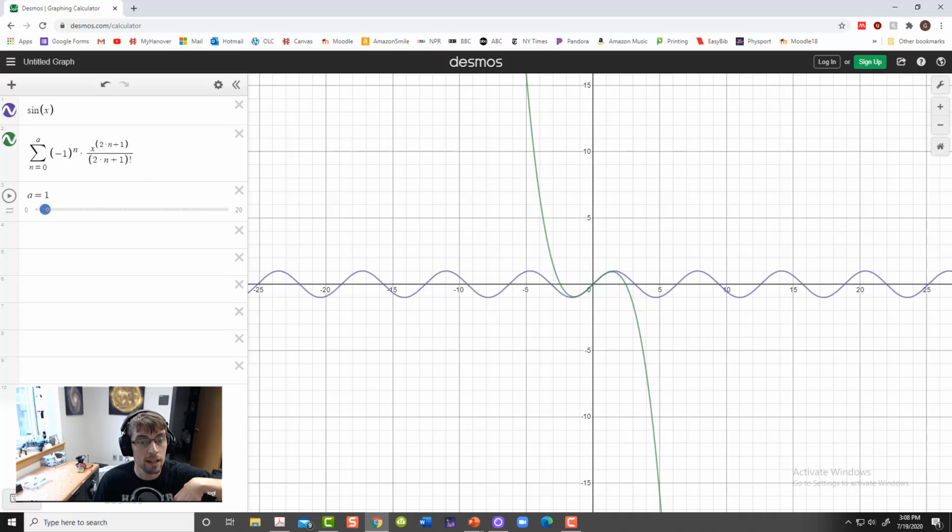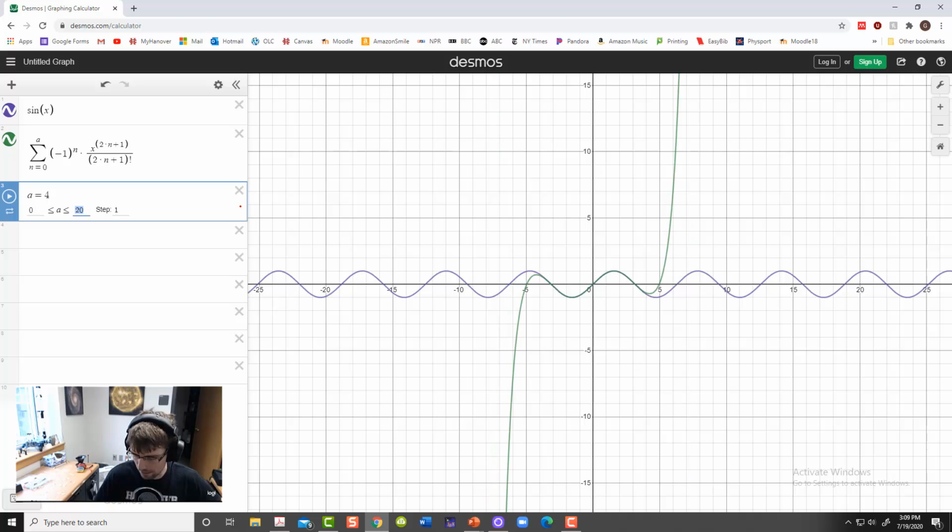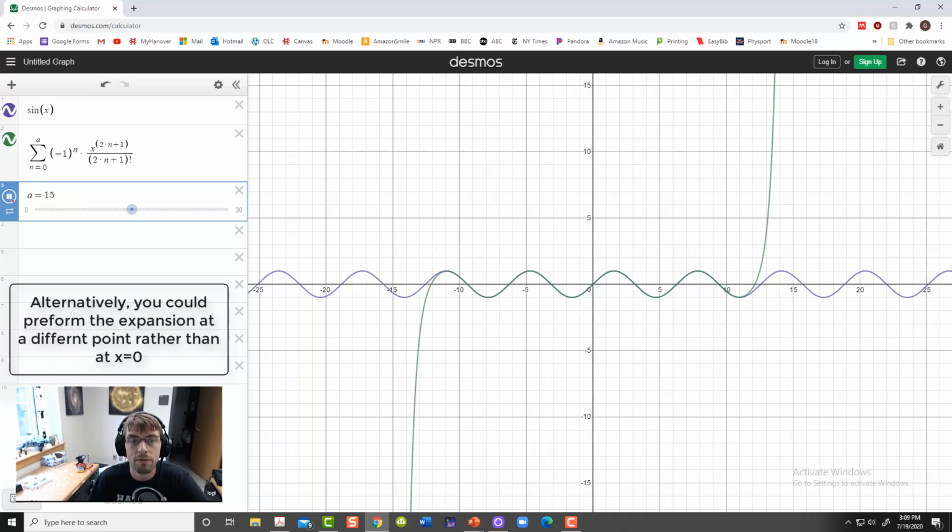So we have to add x to the fifth, subtract x to the seventh, etc. And so you see that as you add more and more terms, you're correcting further and further out. In fact, let's make it 30, just for kicks. So eventually, if you need to go further and further away, it's just a matter of how many terms you add in.